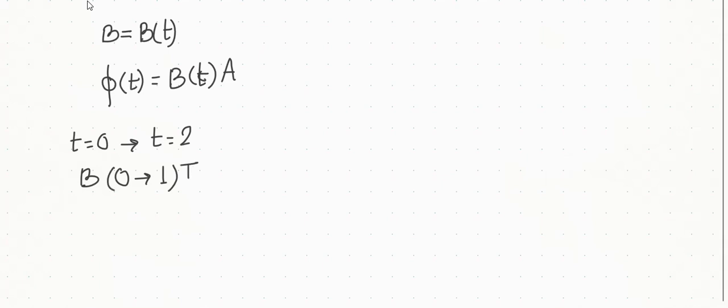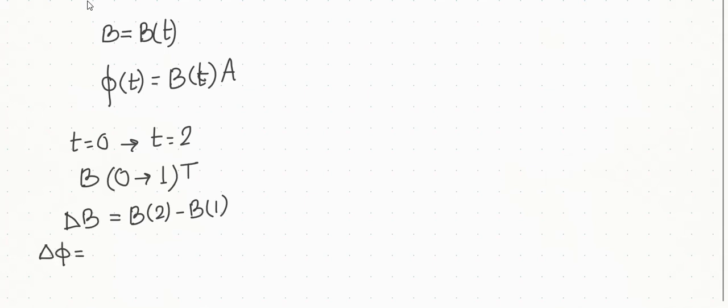So if I say the change in magnetic field here, that is the del B. What is del B here? Del B is magnetic field at 2 seconds minus magnetic field at 0 seconds. Then what is del phi?